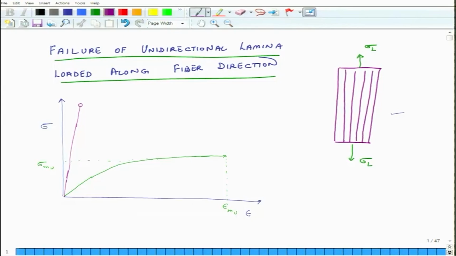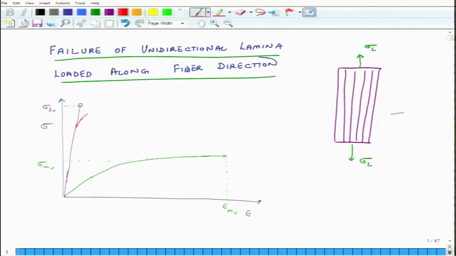Let us say I keep on pulling it, it takes on more and more load, and at a certain stress level it just cracks and the fiber fails catastrophically. So, this is the case of a brittle fiber, and this value would be sigma Fu, which is the ultimate fiber strength.